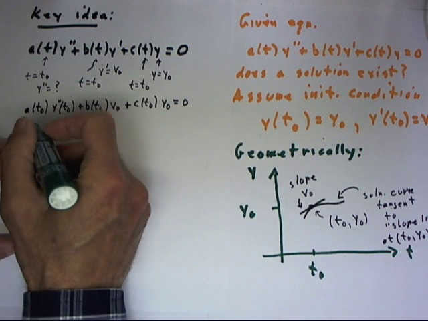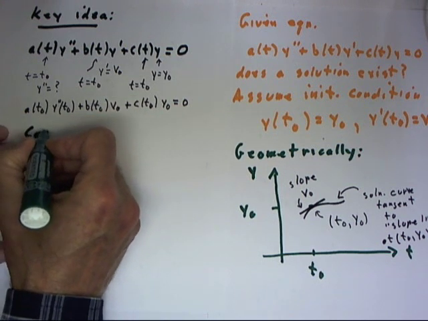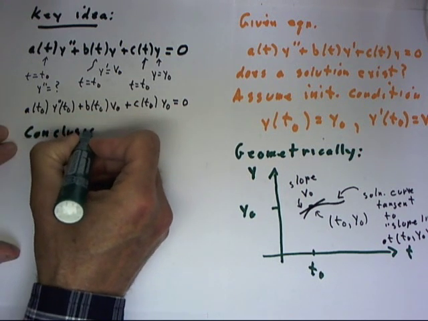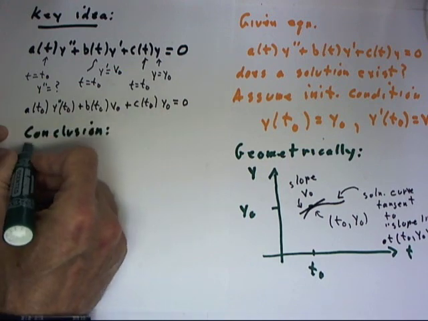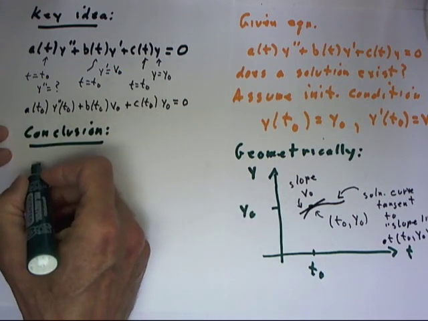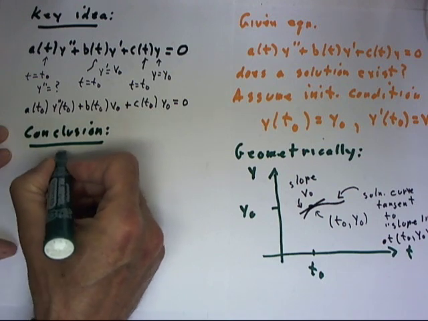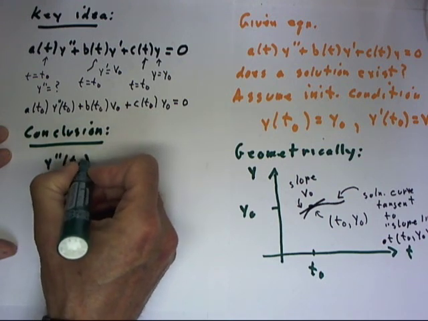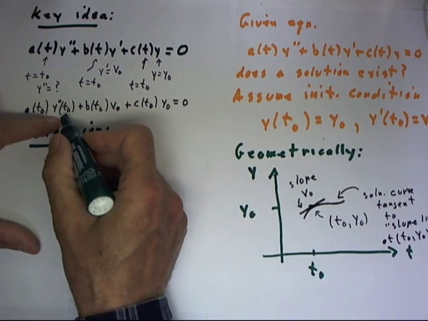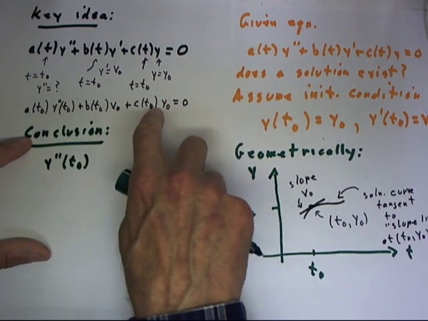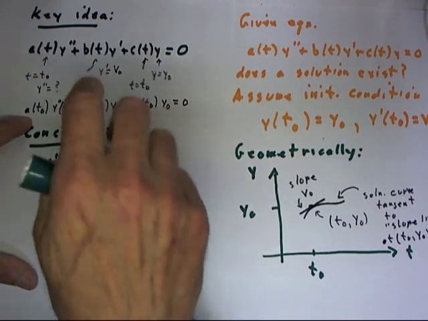We conclude, well, we can solve this for y double prime of t naught. We know this, we know this, we know this.